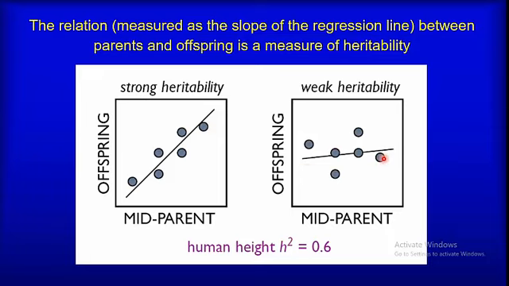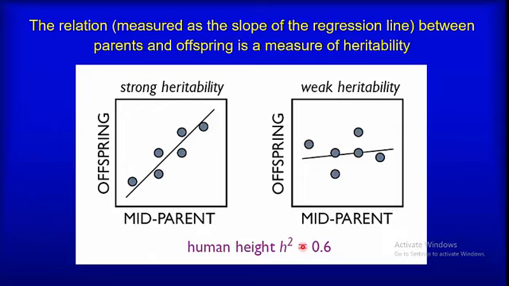It's going to be more flat, whereas in this case it will have a stronger slope. This in the literature is known as the heritability of the trait, right? The greater the heritability, the stronger is the inheritance component, and vice versa.